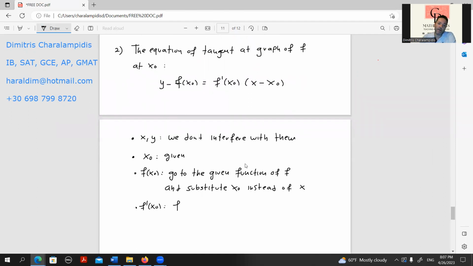First, find f derivative of x by applying the differentiation rules we already know, and then substitute x0 in it. In one of my next videos, we will work together an example on how exactly to find the equation of a tangent given the formula of the function and the point x0.